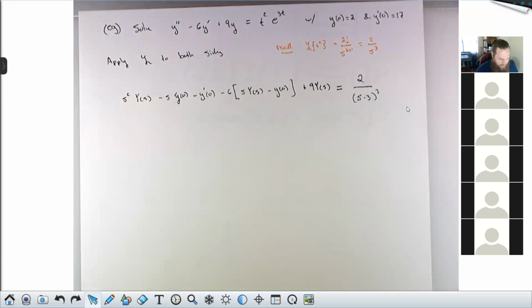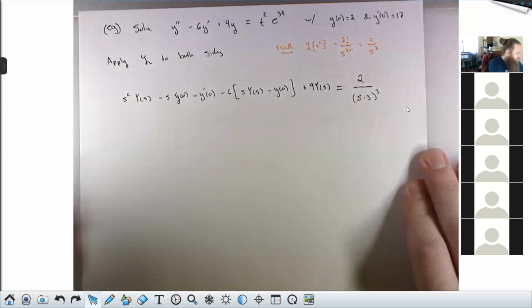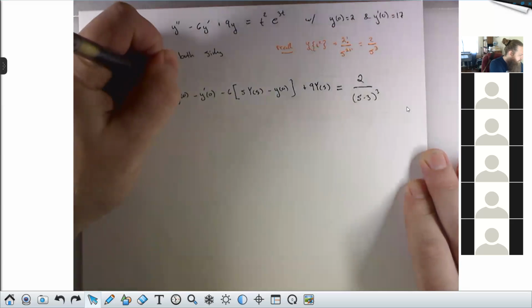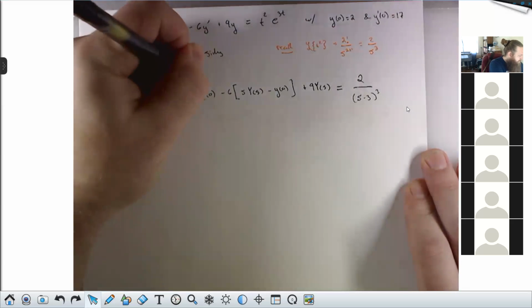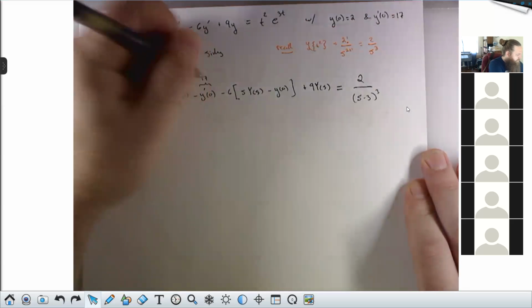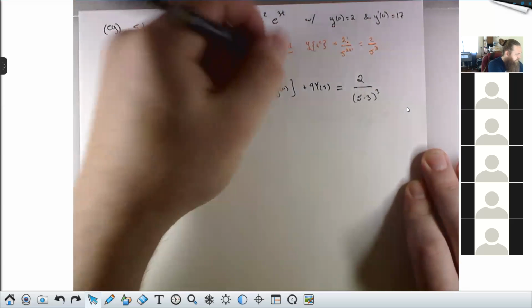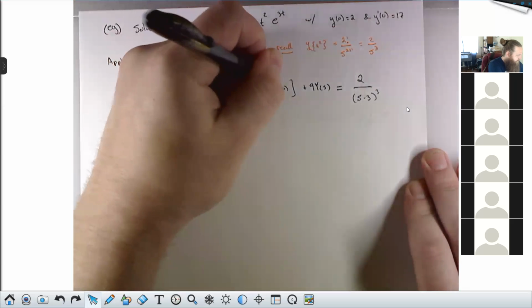Saving you some algebra, if you clean all of this up, you plug in the appropriate bits like y of 0, this is 2, y prime of 0, this is 17, distributing the minus 6, the y of 0 here, again 2.